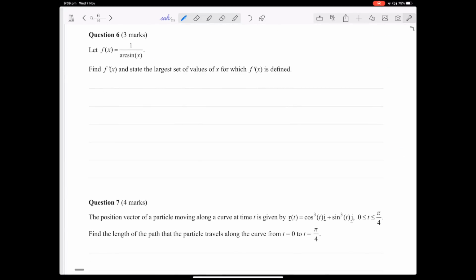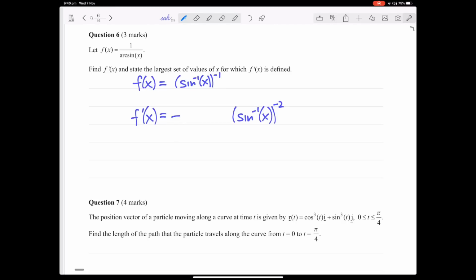Okay, find f dash of x and state the largest values for which f dash of x is defined. Okay, so let's just write f of x is sine inverse of x to the negative 1. So f dash of x is negative 1, and we're going to have sine inverse of x to the negative 2.